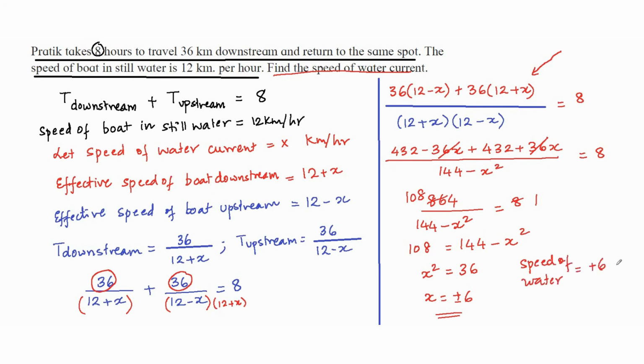If you say the speed is negative 6, you are telling me that the water is flowing upwards, which is not possible, right? So the speed of the water current is positive 6 kilometers per hour.